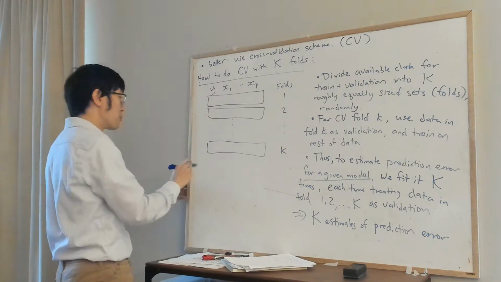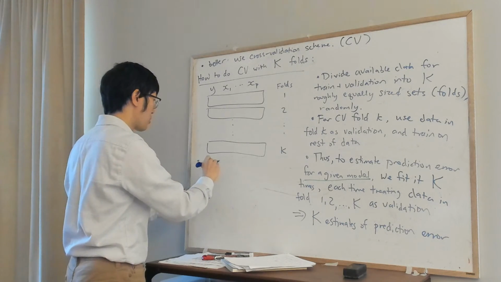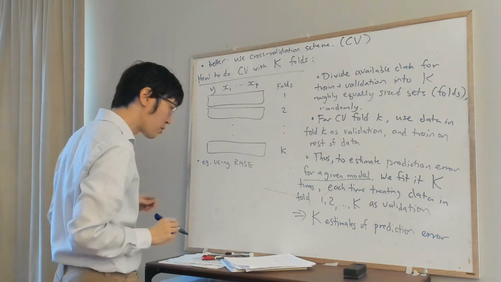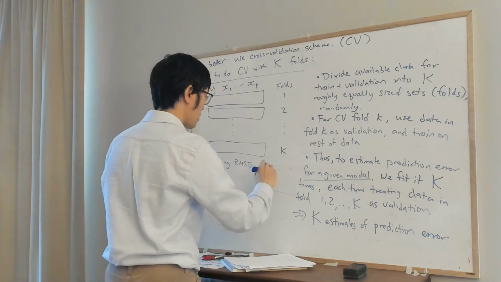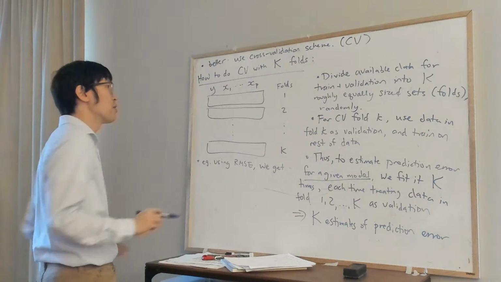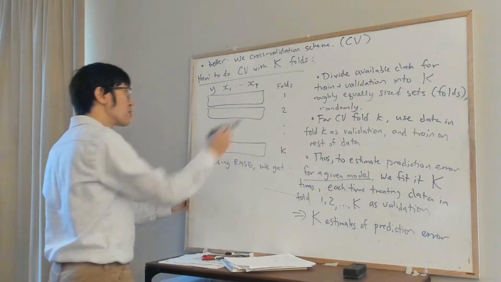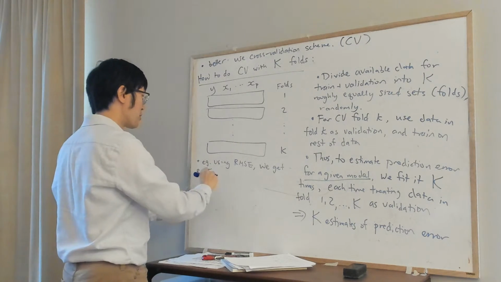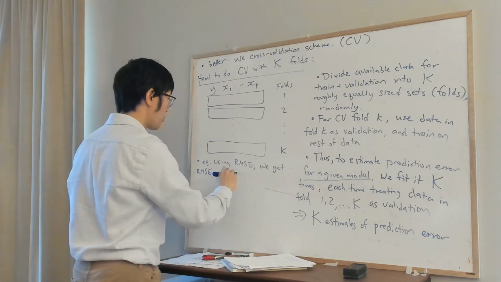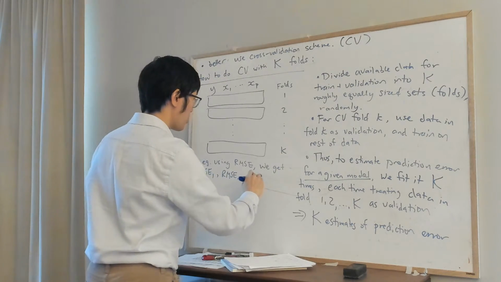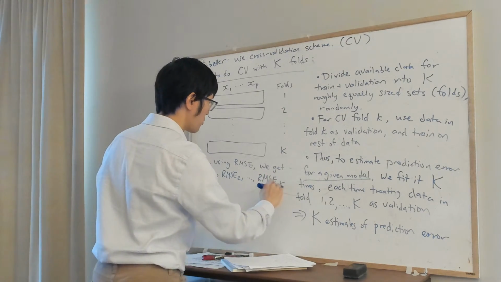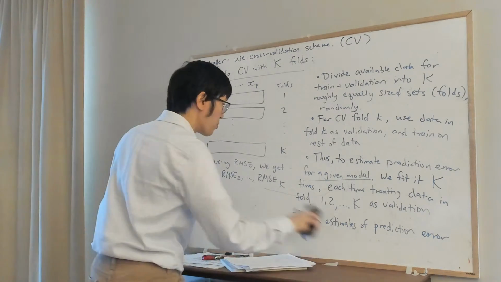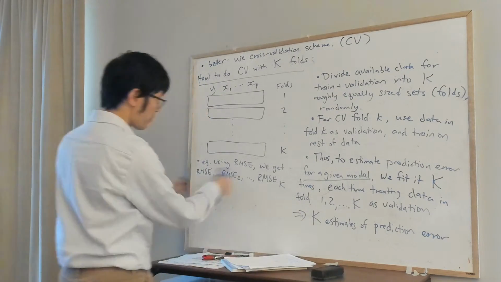Okay, and so for example, if we were to use RMSE, we would have K calculations of RMSE: RMSE 1 for fold 1, RMSE for fold 2, up to RMSE for fold cap K. So you have K different estimates.